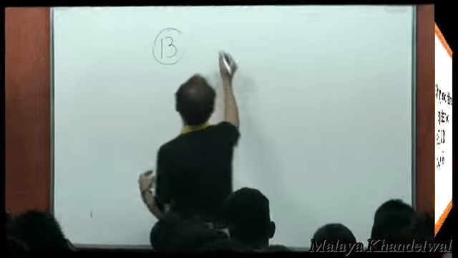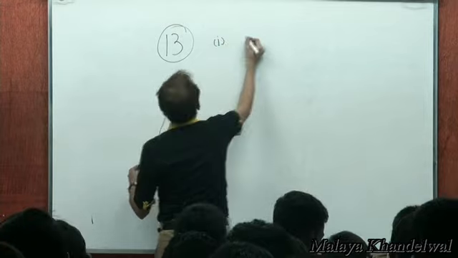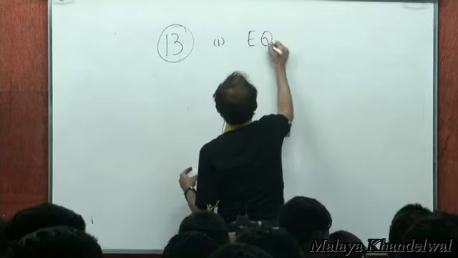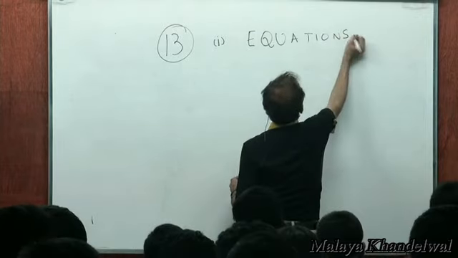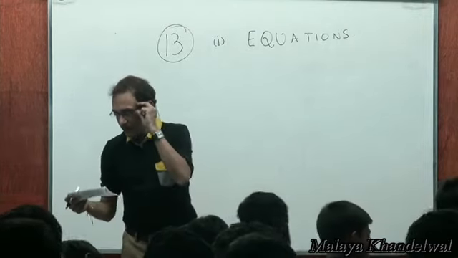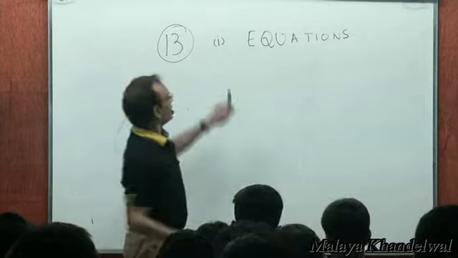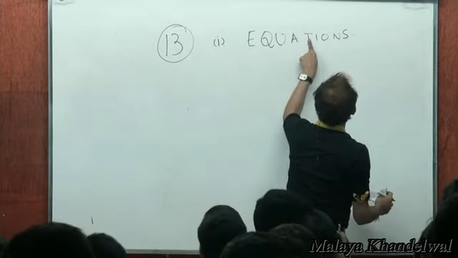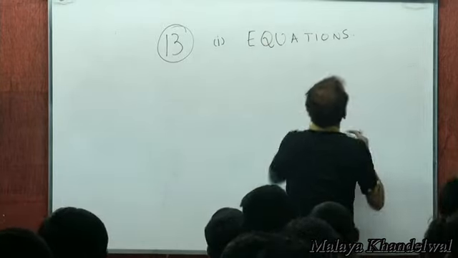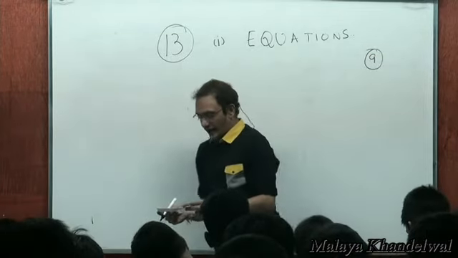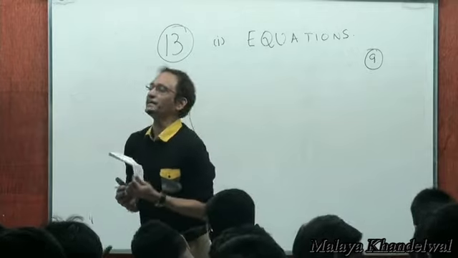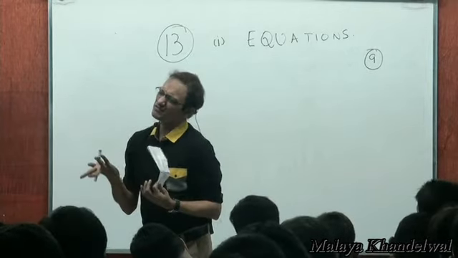Now, we have a word, equations. How many letters are there? 1, 2, 3, 4, 5, 6, 7, 8, 9. 9 letters. And we want to create all 9-letter words out of these.